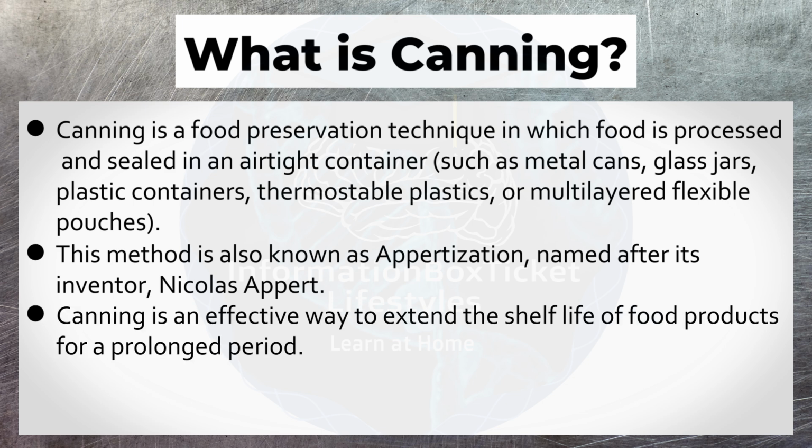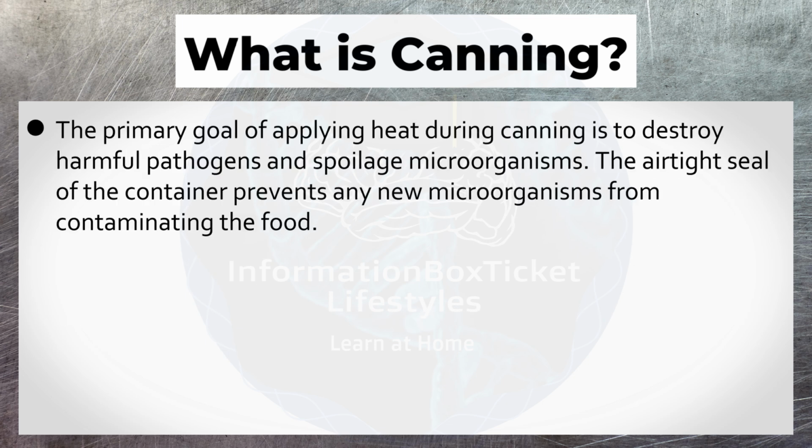Canning is an effective way to extend the shelf life of food products for a prolonged period. The primary goal of applying heat during canning is to destroy harmful pathogens and spoilage microorganisms. The airtight seal of the container prevents any new microorganisms from contaminating the food.